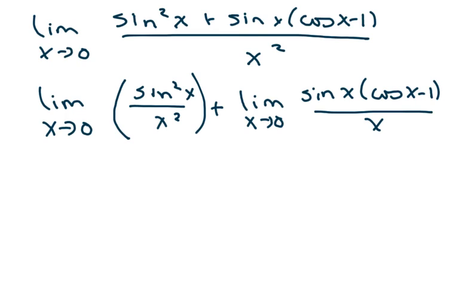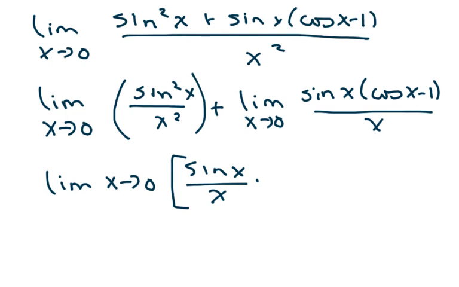I'm going to further break it down as the limit as x approaches 0 of sine of x over x times sine of x over x, and you can break this limit down even further.